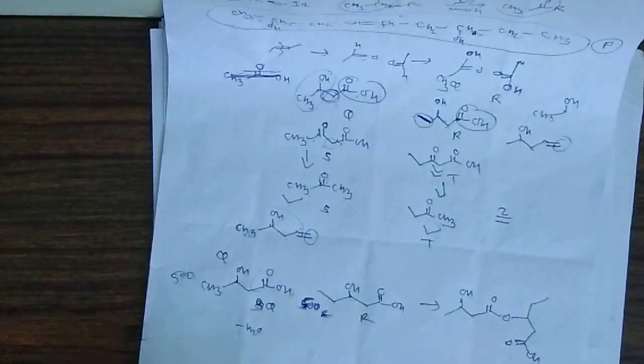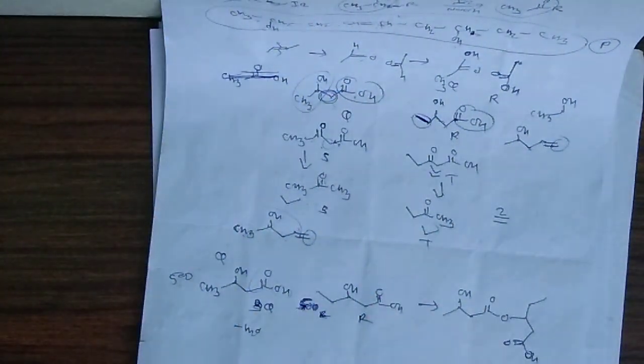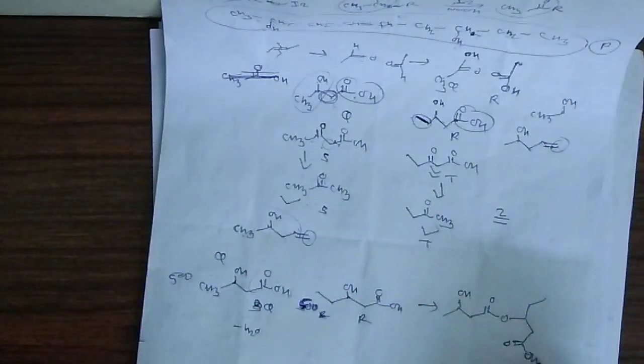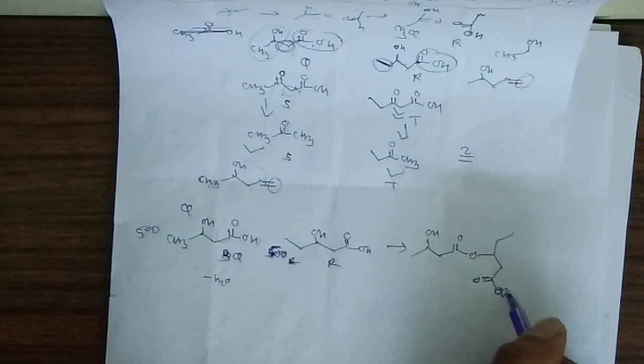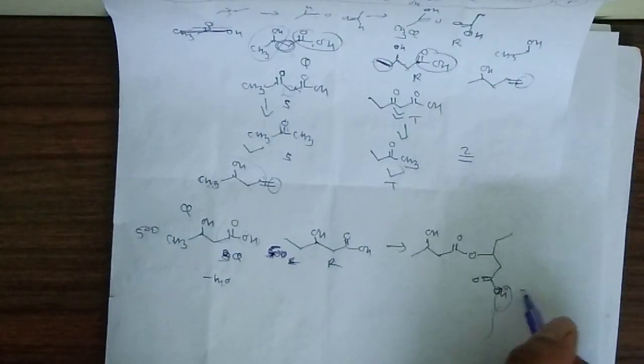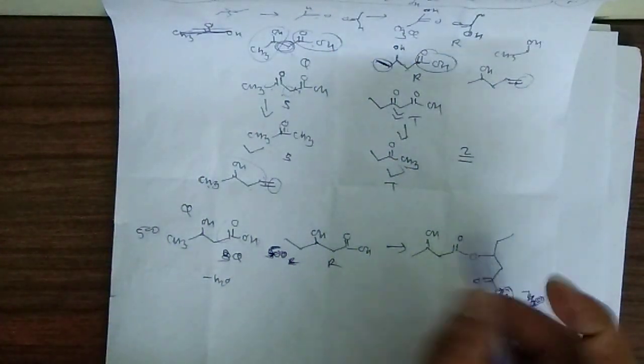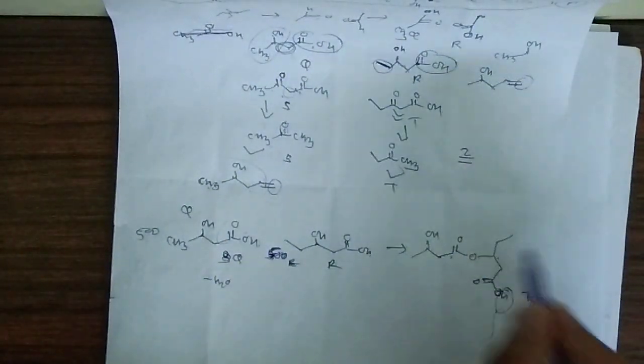Next, this one again has a carboxylic group. So what will happen? Another molecule of S will come, and this will form an ester with that, and one water molecule will be removed. How many molecules are there now? 1, 2 and 3.